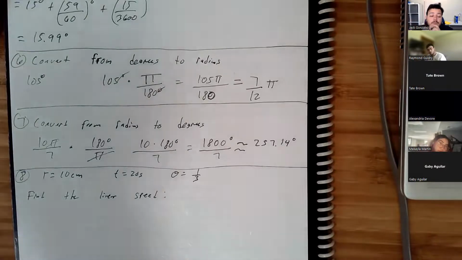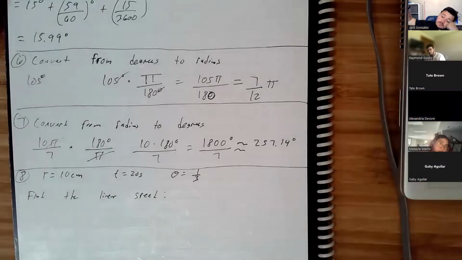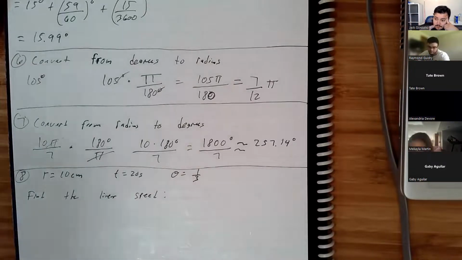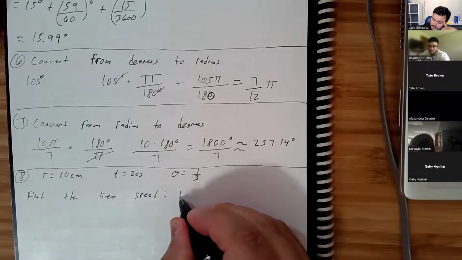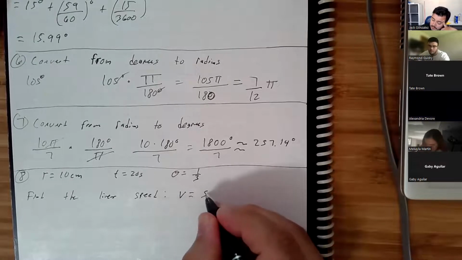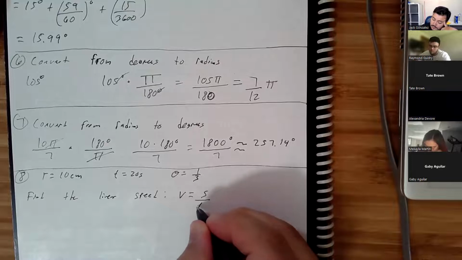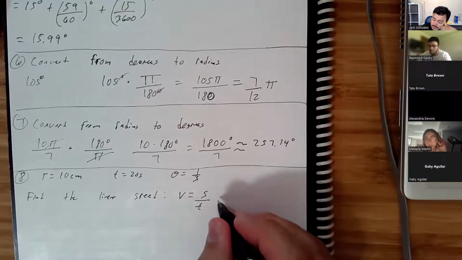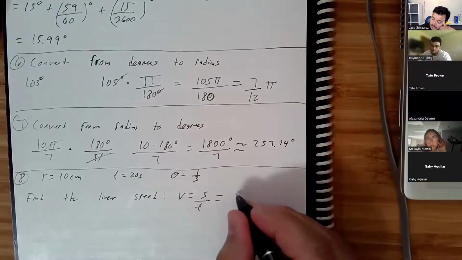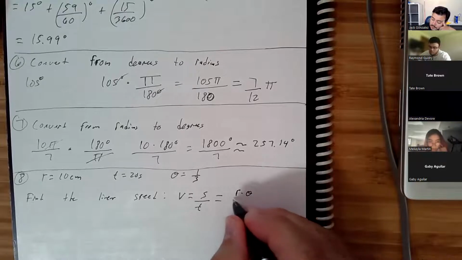It's a speed around the circle, right? Remember we said this is the speed at the edge of the buzz saw or the wind turbine, whatever, the very tip, or along the arc of the circle. I forget the notation. Do we use V? We use V. It was S over time for linear speed. So we have to find S. S is equal to R times theta, over time.